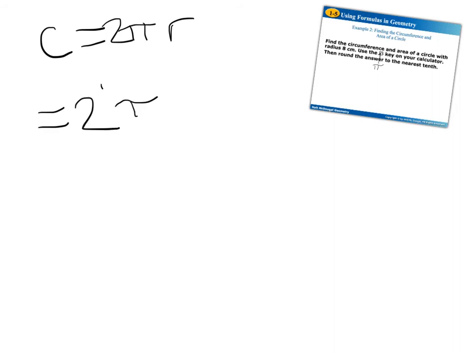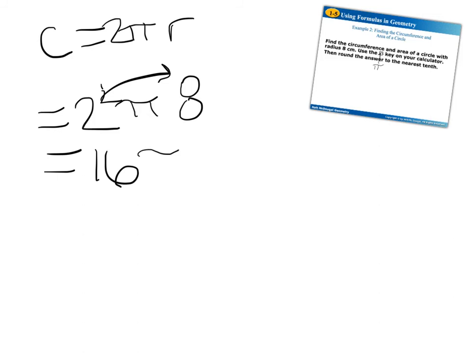Circumference equals 2 pi r. I'm going to use the 2 pi r one since they give me the radius, not the diameter. So this equals 2 times pi times 8. I'm going to combine the 2 and the 8 since I'm multiplying. This just becomes 16, and then I put the pi on the end.